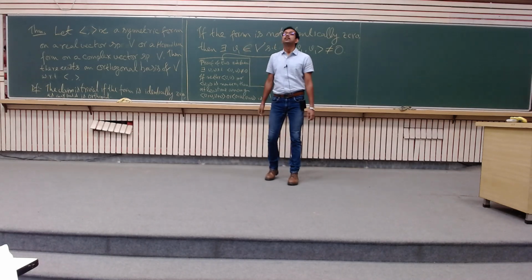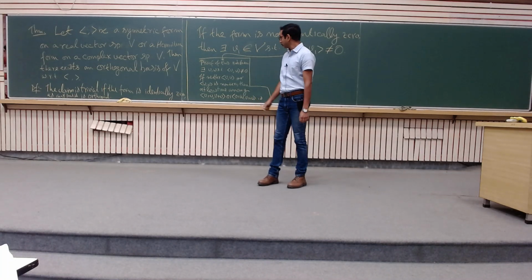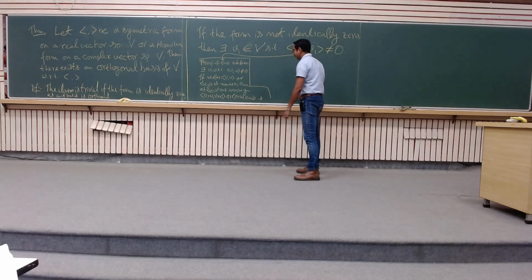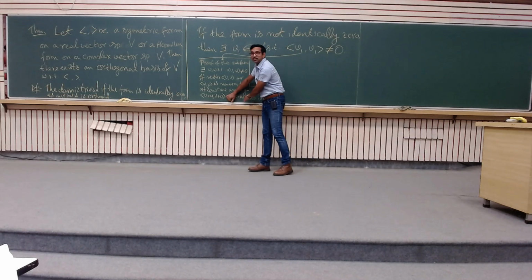Yes, please. No, it's not. That's what I meant. For the real case, don't even look at this one; just this one would suffice. Otherwise, you have this or this.